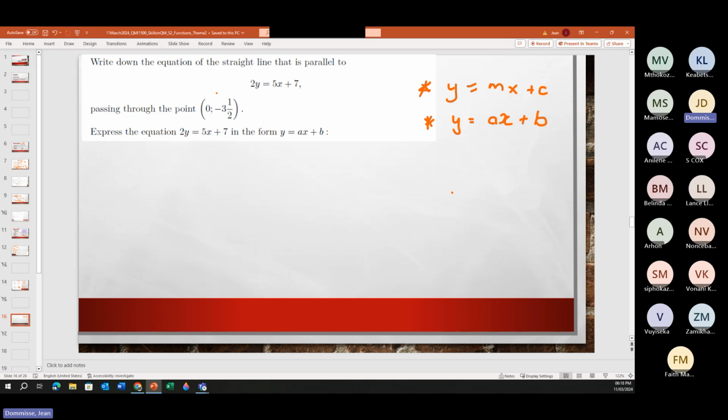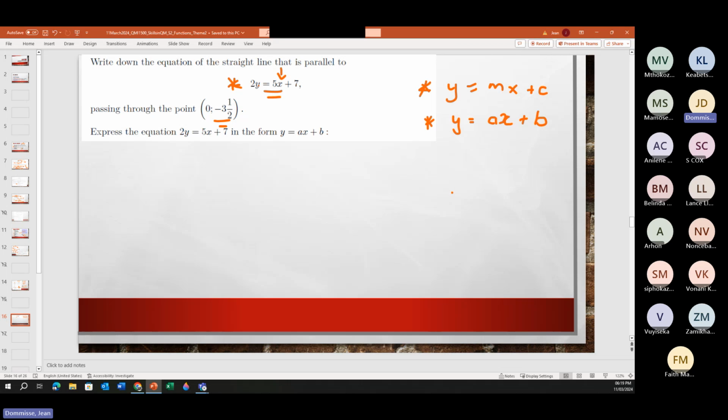Okay, so now they've given you a straight line, but not in the simplest format. And they ask you, write down the equation of a straight line that is parallel to this one, passing through a point. So let's first rewrite this equation so that we can see what it is when we look at it from the y equal to mx plus c or y equal ax plus b.